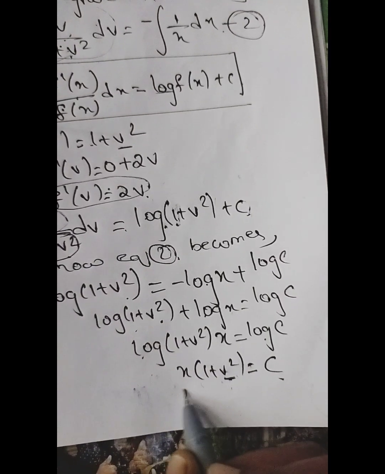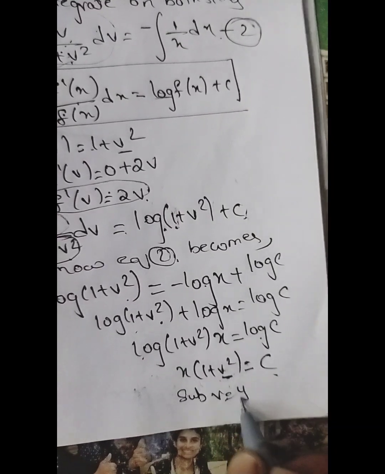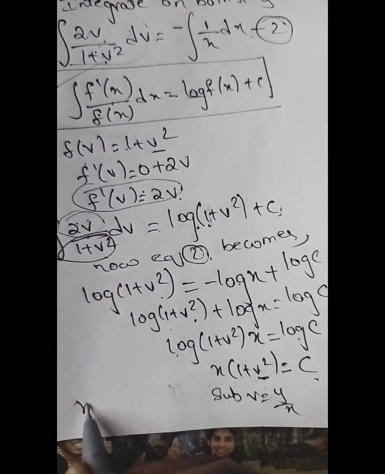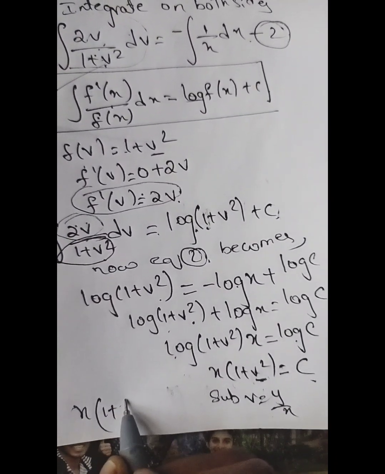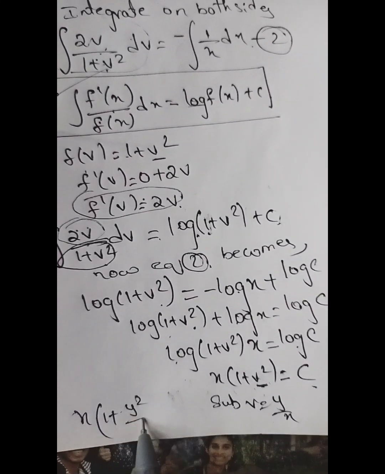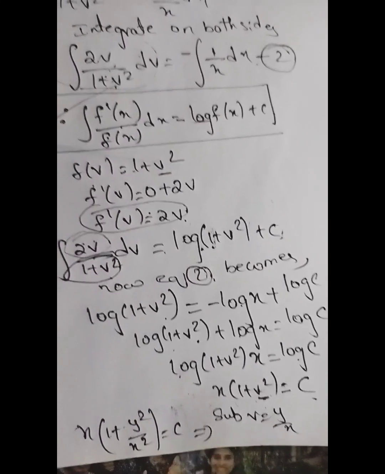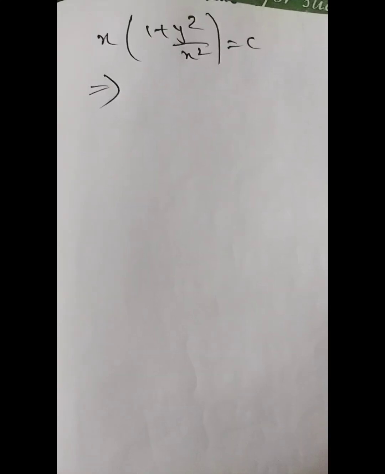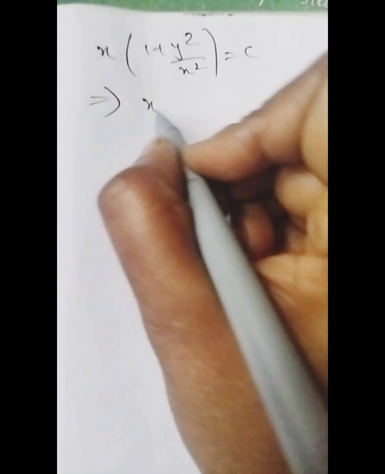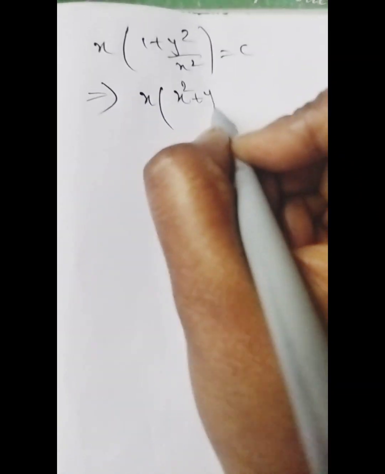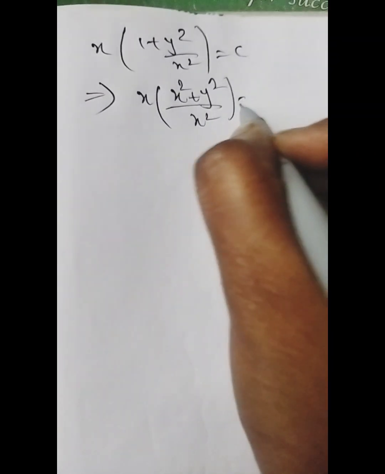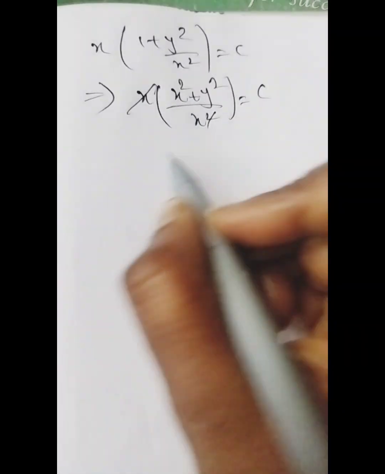Now substitute v equal to y/x. So this becomes x times (1 + y²/x²) equal to c. We will do it in another page. So we can take the LCM here: x times (x² + y²)/x² equal to c. This x and this x get cancelled.